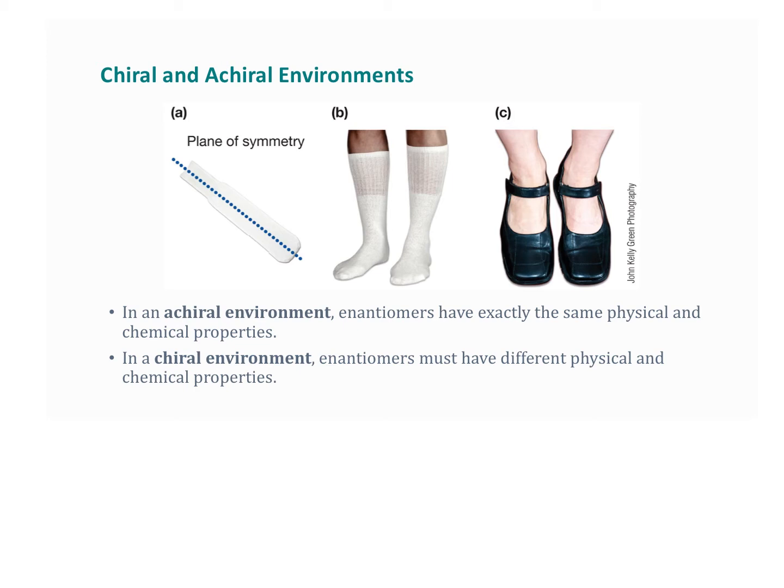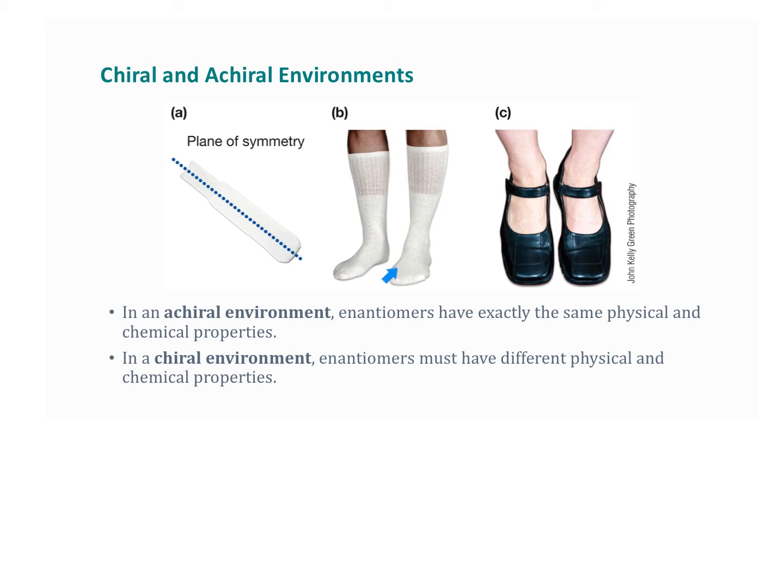And an analogy shown here is socks and feet and shoes. When we think about this analogy, a sock has a plane of symmetry, and so it's achiral. And because a sock is in an achiral environment for the feet, a sock can fit on either foot.